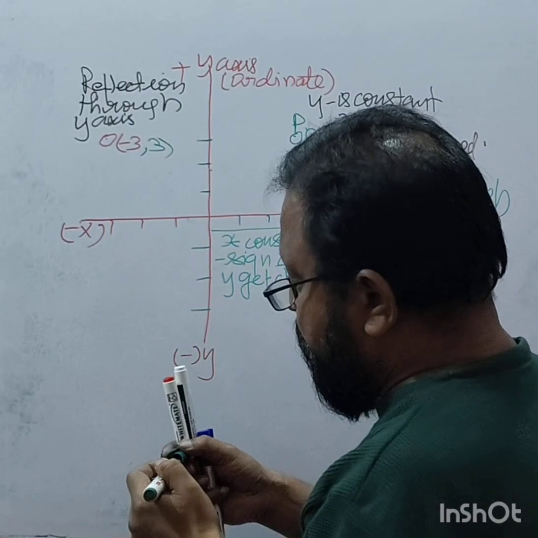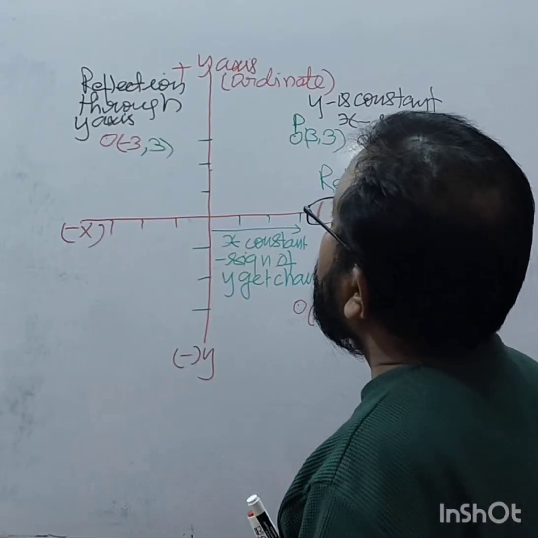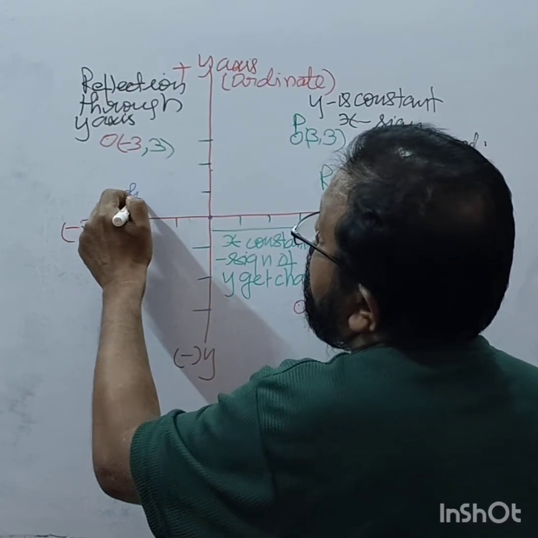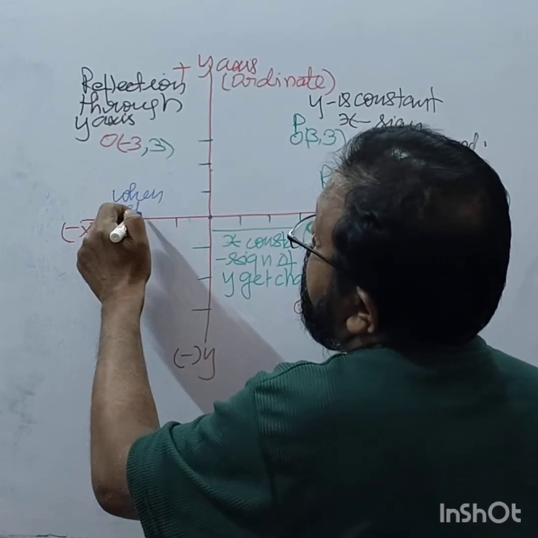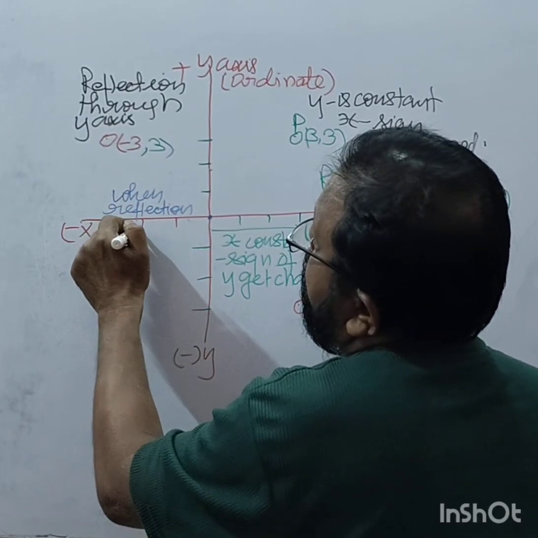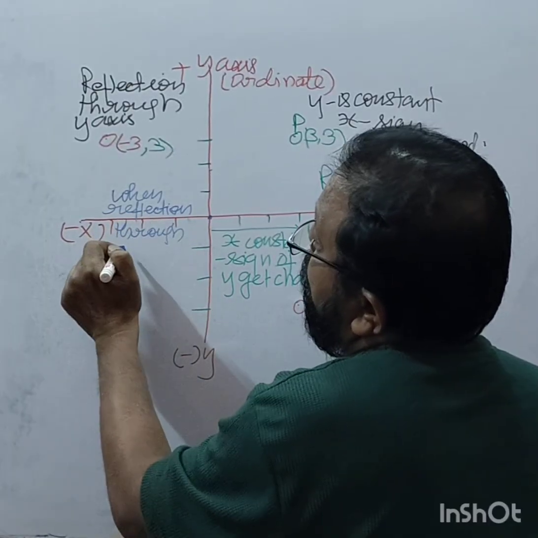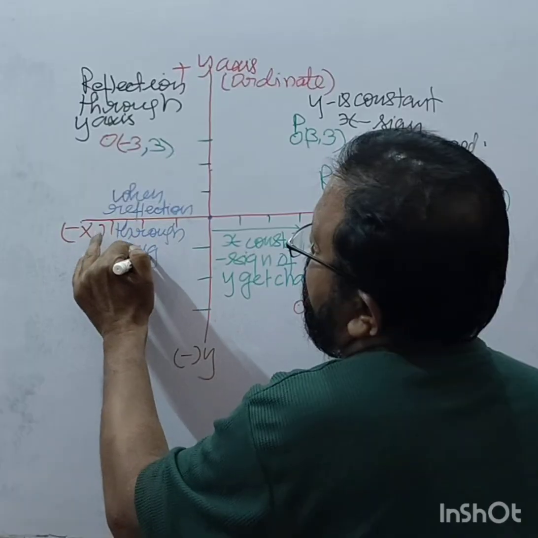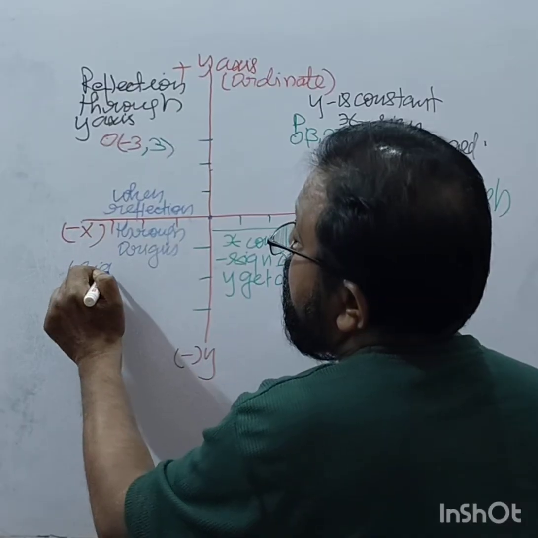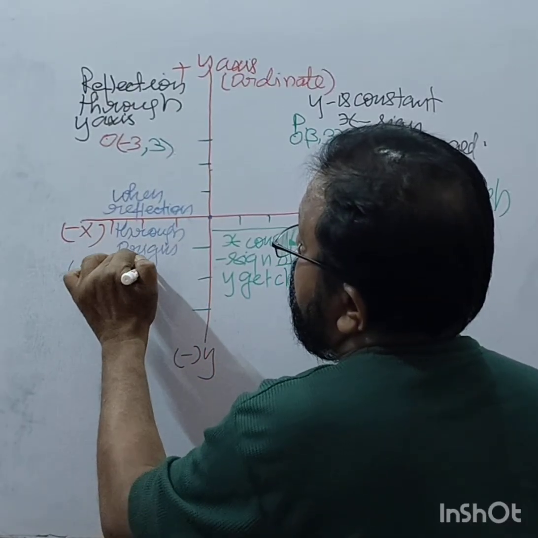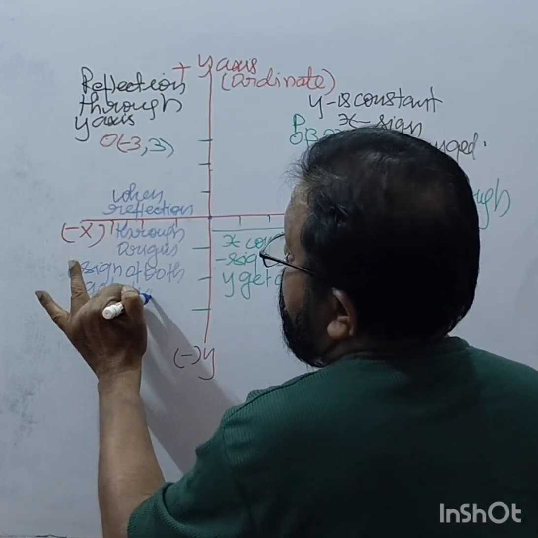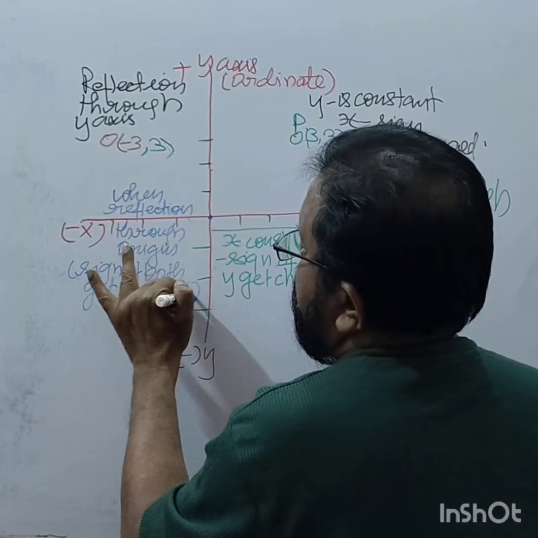When reflection is through the origin, when this is the origin, the sign of both gets changed, right?